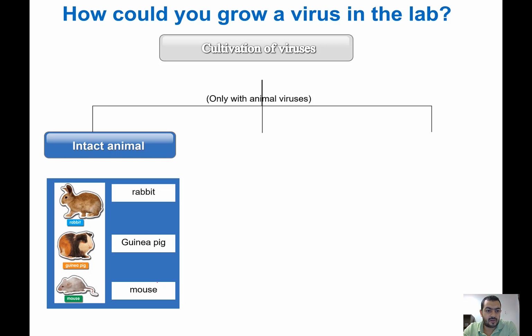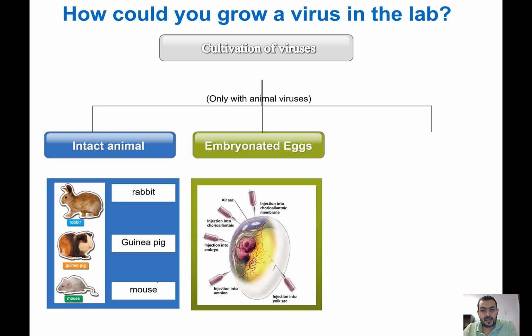As you can see, these are small animals that are easier to handle and to maintain in the space of the lab. Alternatively, we can use embryonated eggs for this purpose, and as you can see in this image, we have different layers and different tissues within the embryonated eggs which could be injected with the virus.